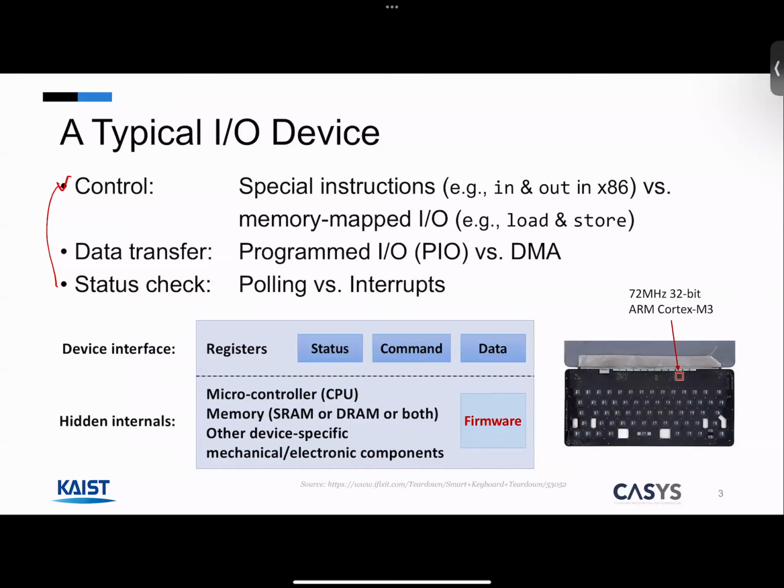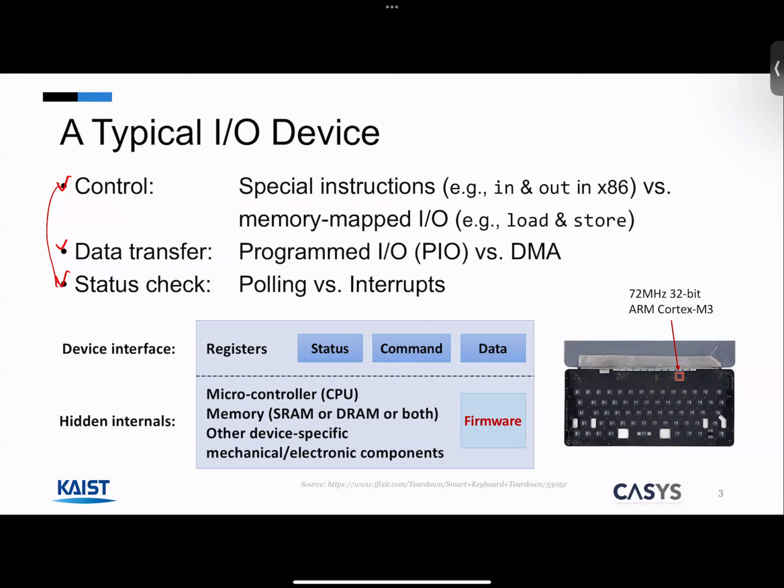For example, you want to transfer data from DRAM to I/O devices or to network devices. And after performing these control and data operations, which are usually asynchronous, you have to check the status, whether the command or data transfer request is finished.